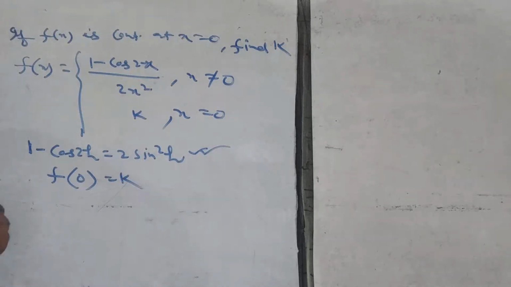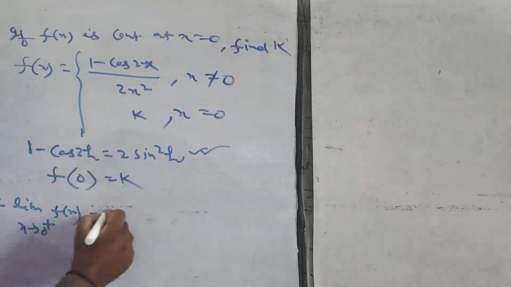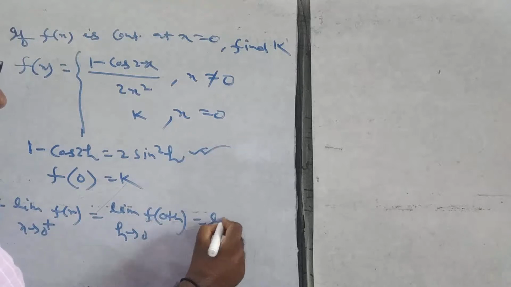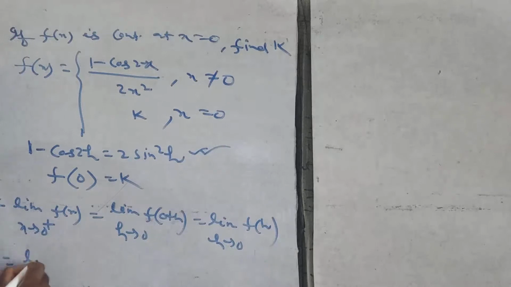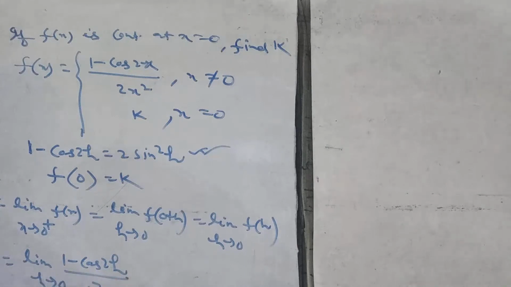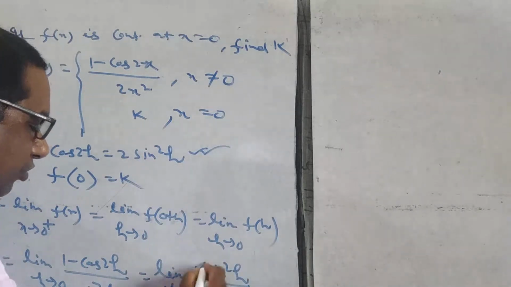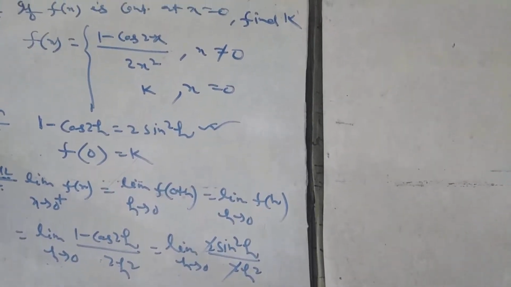Now come to the right hand limit. Limit x tends to 0 plus f(x) is limit h tends to 0 f(0 plus h), which is limit h tends to 0 f(h), or limit h tends to 0 of 1 minus cos 2h by 2h square, or limit h tends to 0 of 2 sine square h upon 2h square. 2 cancels out, and 2 cancels out.